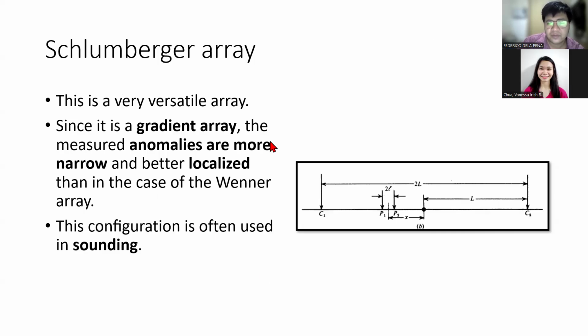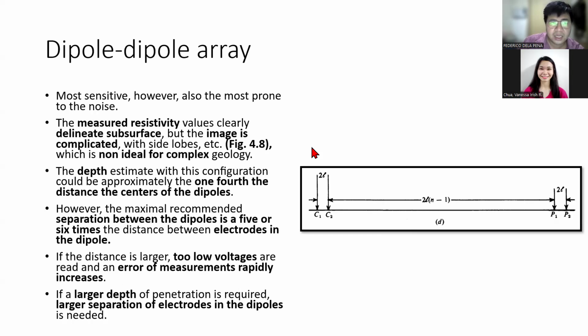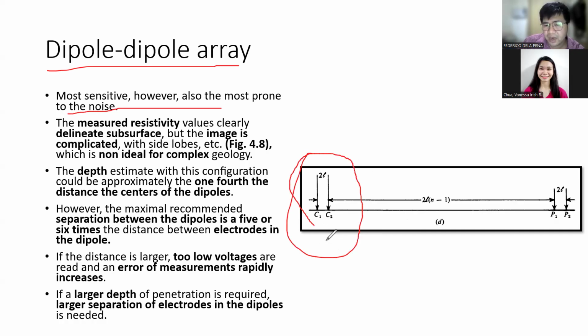Okay, so we discussed already the Wenner and the Schlumberger array. Now for the other one, the dipole-dipole array, this is the most sensitive to noise, right? As you can see here, the setup is that you have a pair of current electrodes on one end and the pair of potential electrodes on the other end, right?